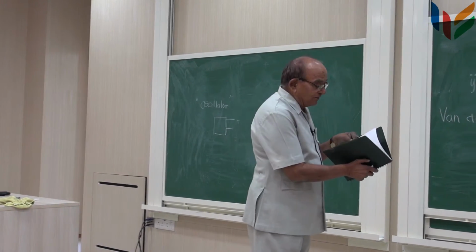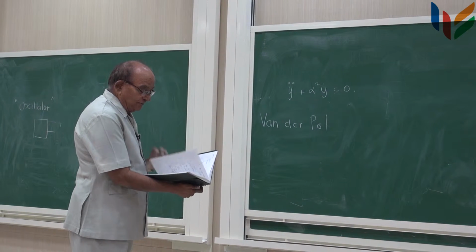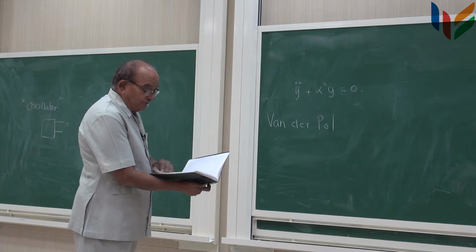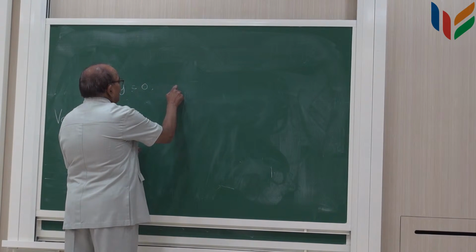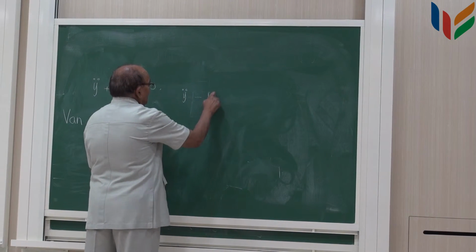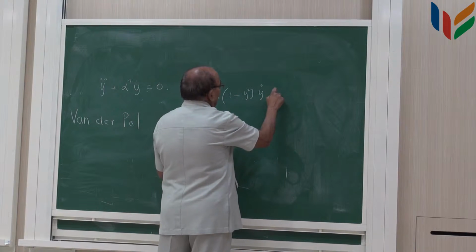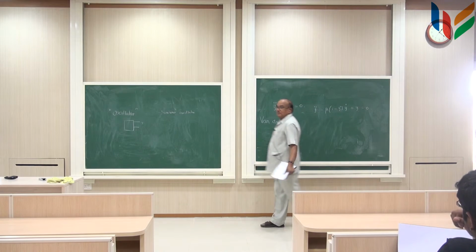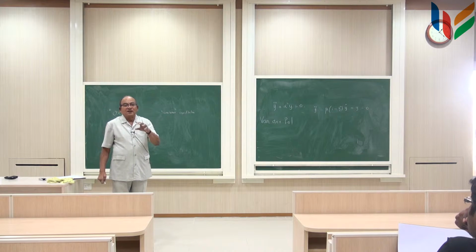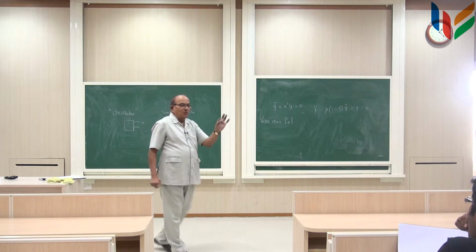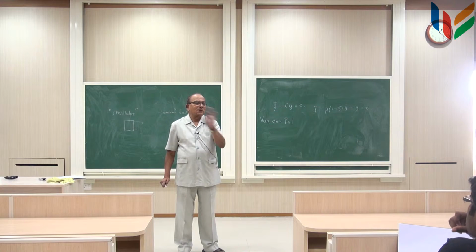I don't remember, so I am writing it by looking at my notes. y double dot minus mu into (1 minus y square) into y dot plus y is equal to 0 is the differential equation which he has shown governs a triode, taking into account its nonlinearities, and a tuned circuit consisting of resistor, inductor, capacitor.